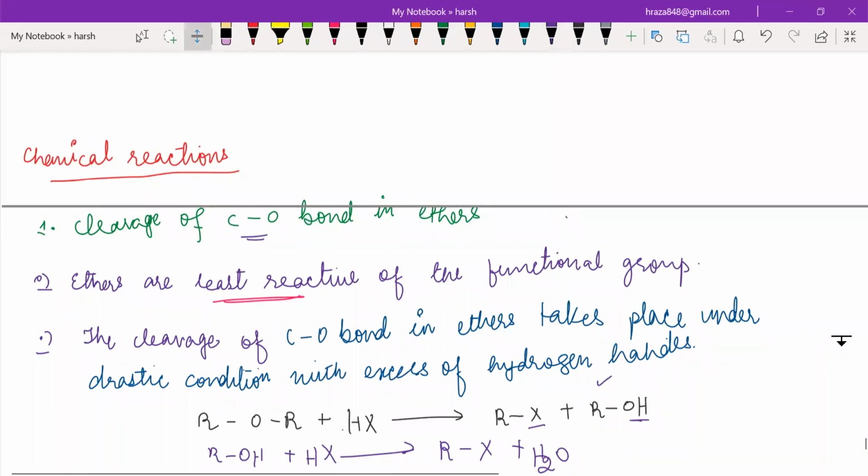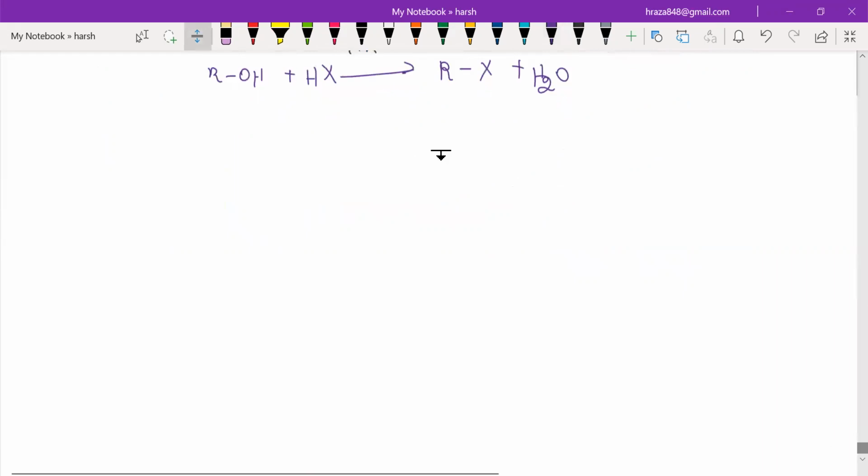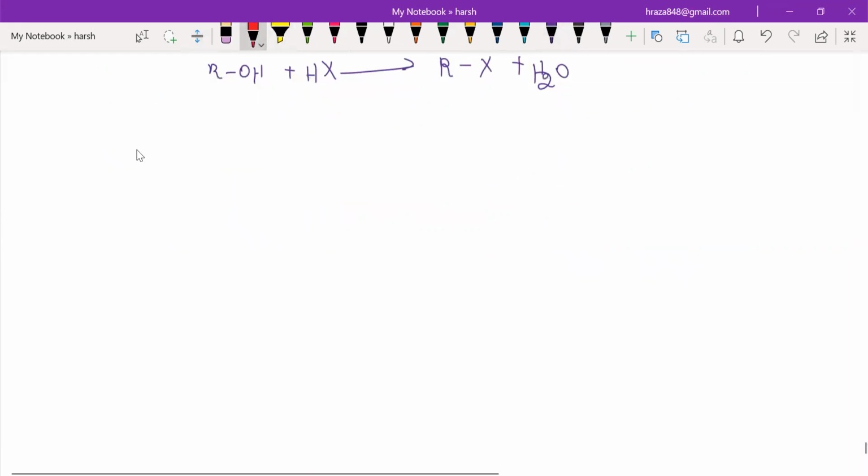Okay, very good. So this was the cleavage of C-O in normal ether. Now in aryl ethers, we are going to see. Aryl ether means benzene.